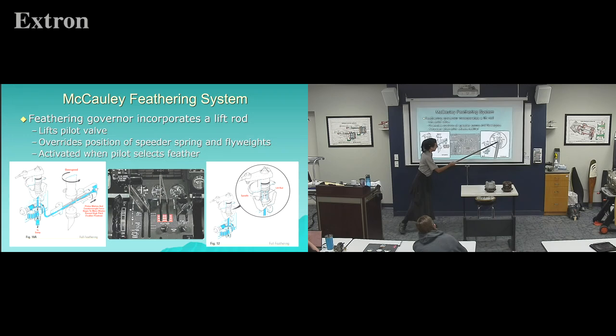And it shows right in there our lift rod attaching to our control arm. So it overrides the position of the speeder spring and flyweights, activates when the pilot selects feather, and allows all the oil to completely flow out.